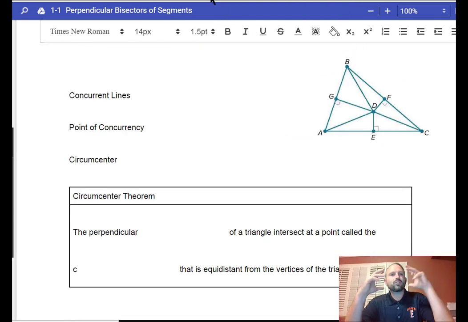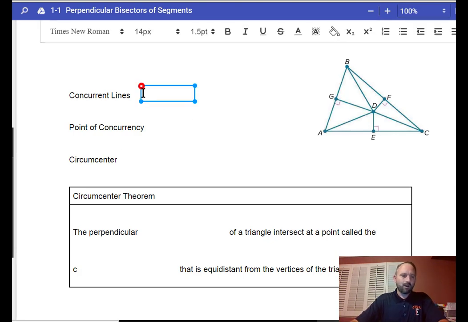Just like when we were drawing either our circumcenter or our in-center circles, we had three concurrent lines. Three concurrent lines are when three or more lines intersect at a common point.